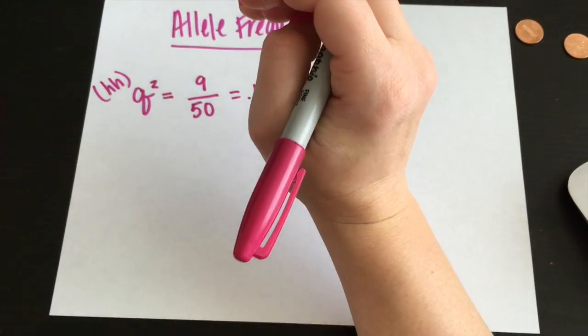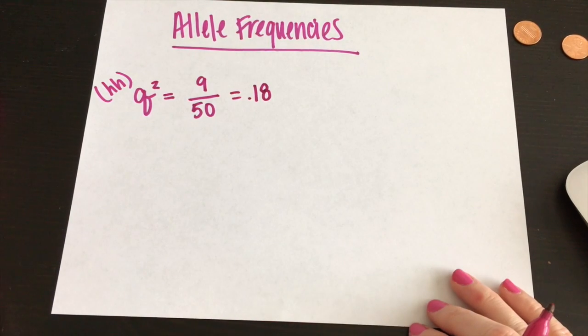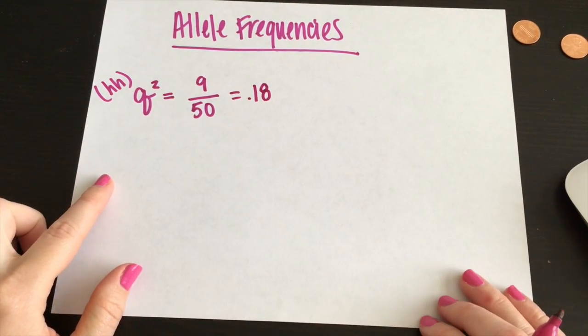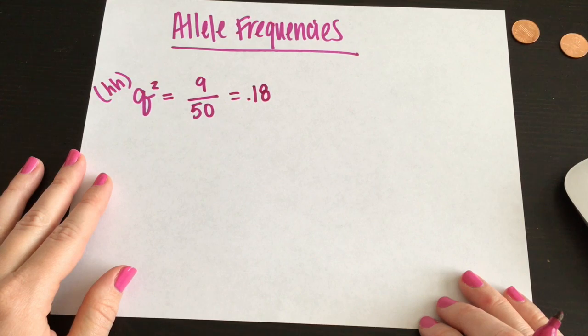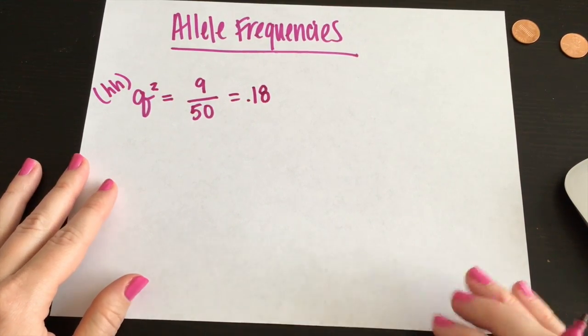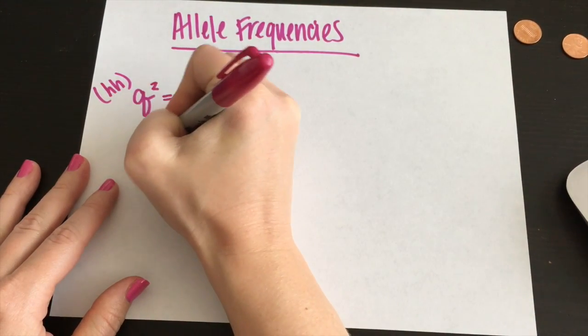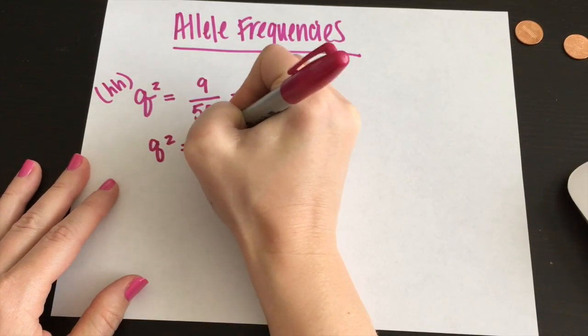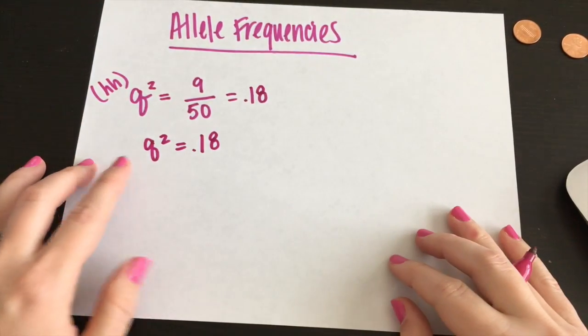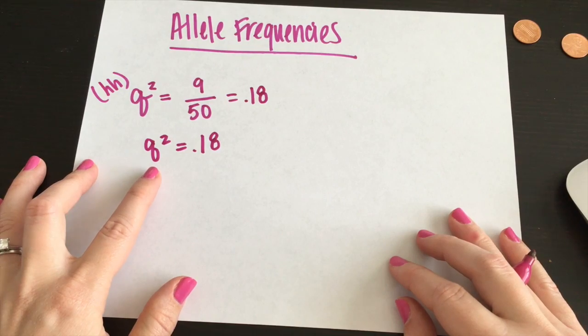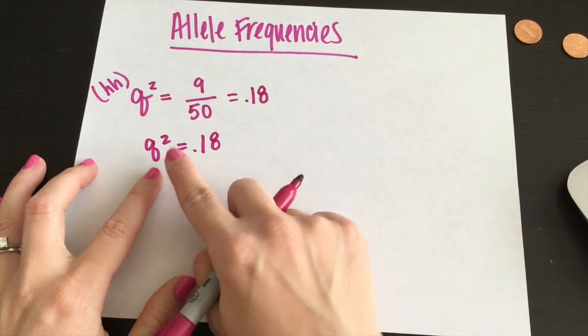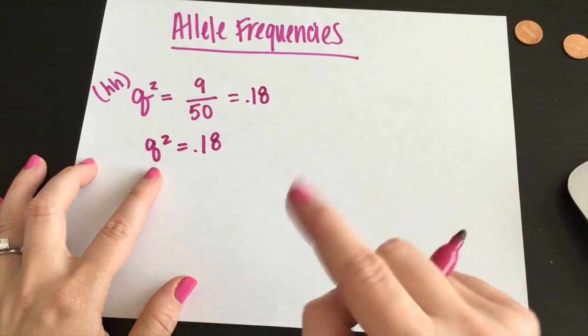All right, we have done most of the work at this point. So we have q squared. Now, we want to get q by itself. We know q squared is equal to 0.18. Remember in math, if you want to get rid of a square, you have to do the opposite function, which is take the square root.